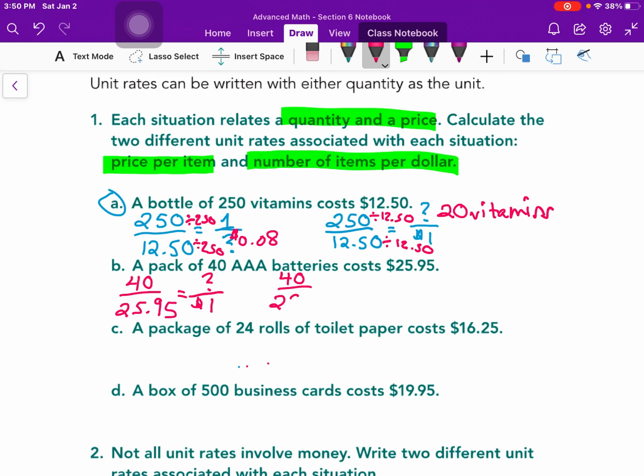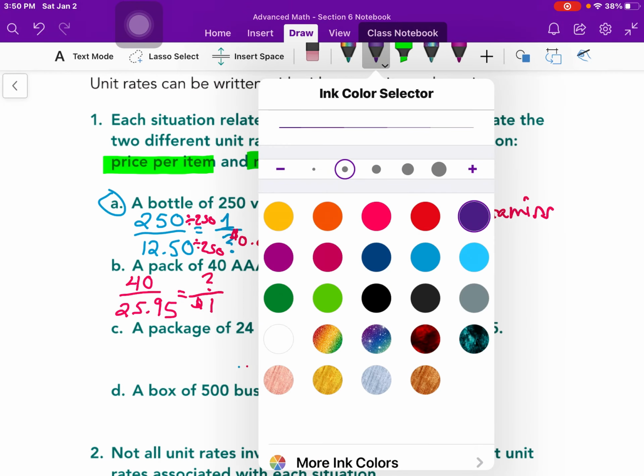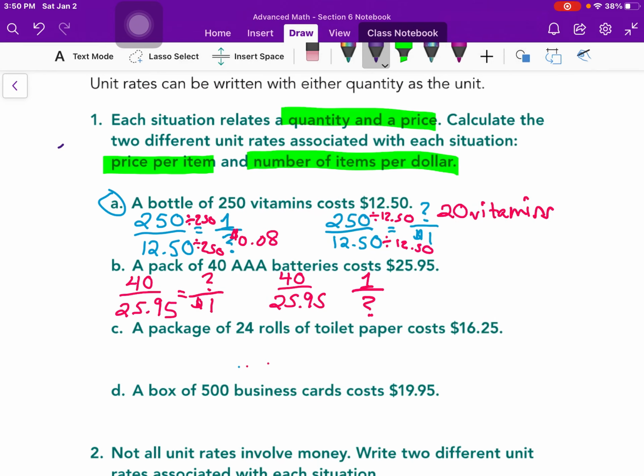Or 40 batteries at $25.95? How much would it cost for one battery? So two separate unit rates that we can calculate, and we do it the same way we just did the last one. So to go $25.95 down to 1, we'd scale down by dividing by $25.95.